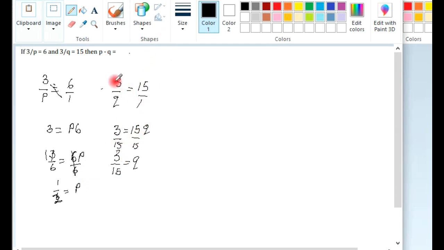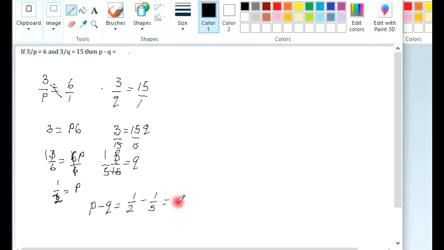So you are asked what is p minus q. So p minus q will just be 1 over 2 minus, here 3 into 3 is 1, 3 into 15 I think should be 5. So here you have 1 all over 5, right?